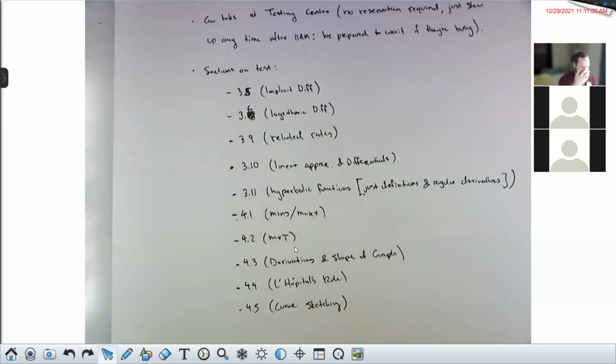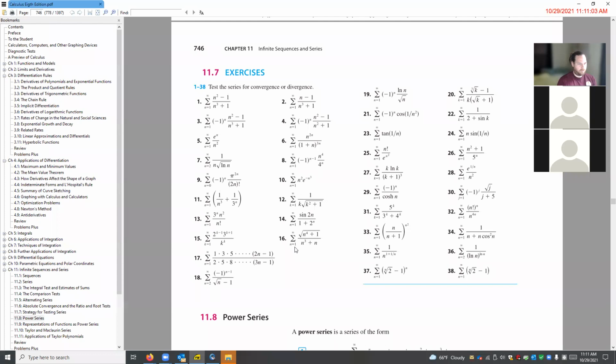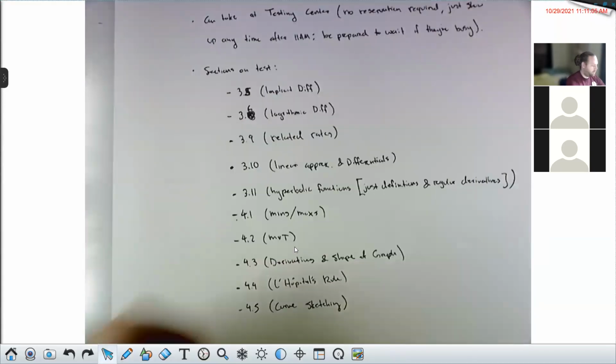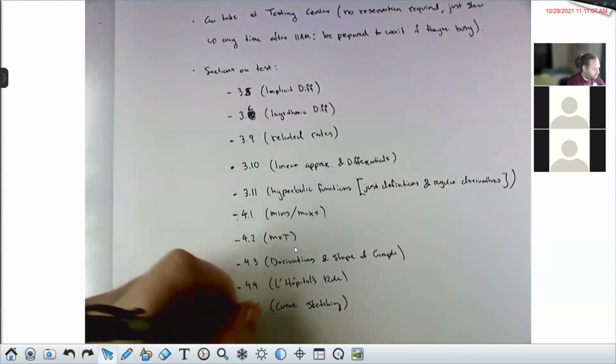And then 4.7 on optimization, right? 4.6 is calculator stuff. It's 4.7.